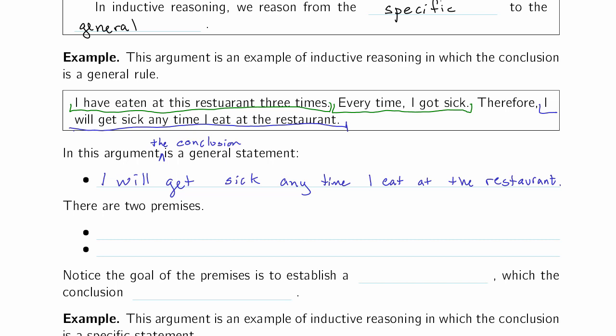And the two premises are, I've eaten at the restaurant 3 times, and every time I've eaten at the restaurant, I got sick.